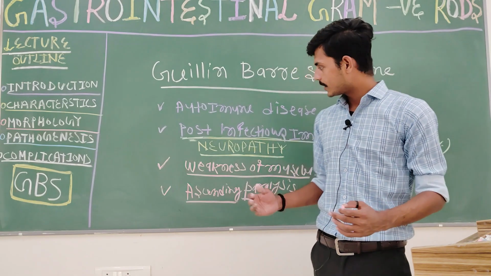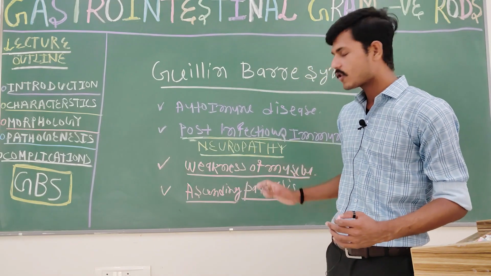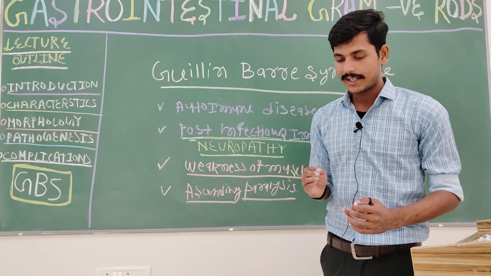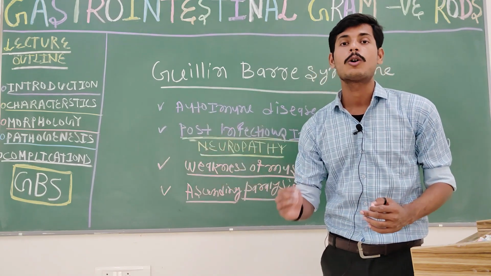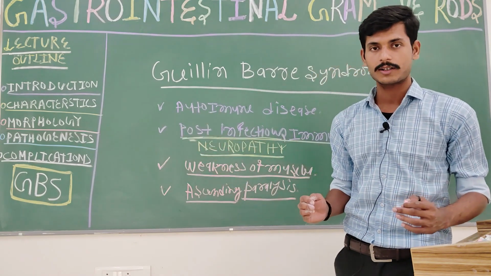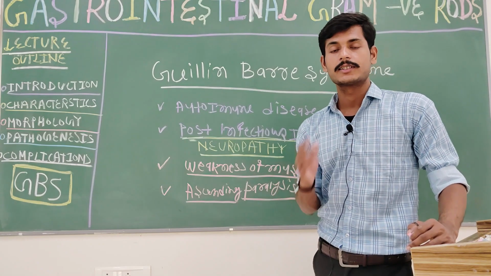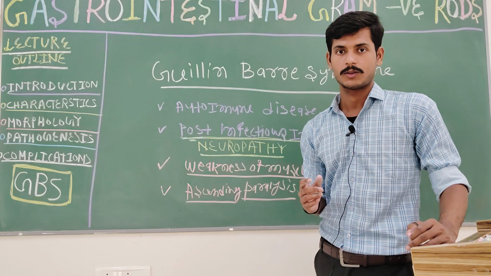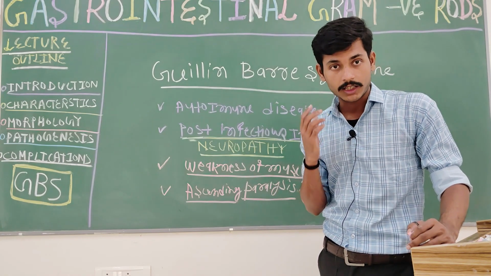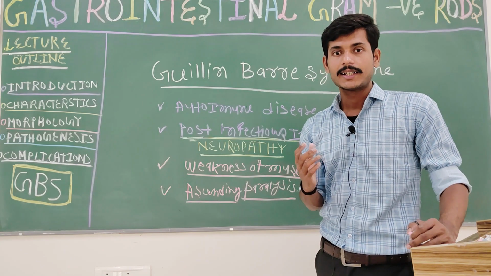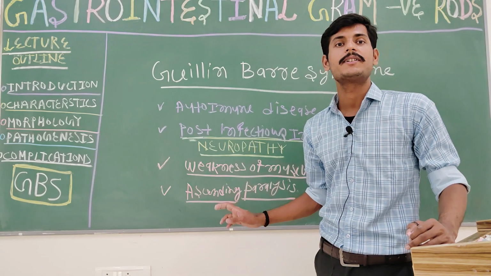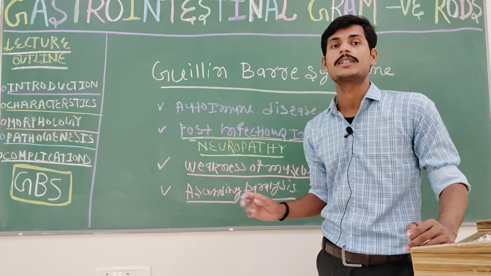And if this weakness of muscles lasts for a longer time, then it affects the facial muscle, the facial nerve. Apart from that, it also affects the respiratory muscles and respiratory nerve.